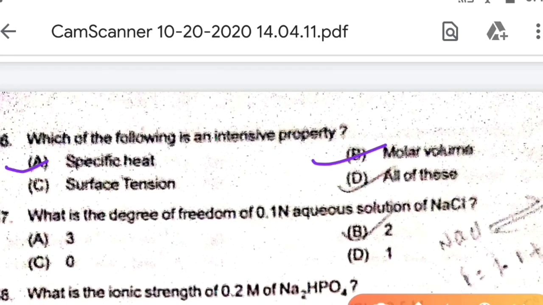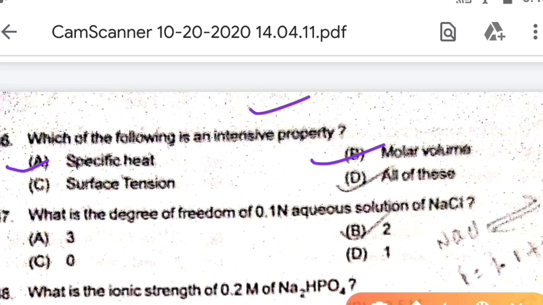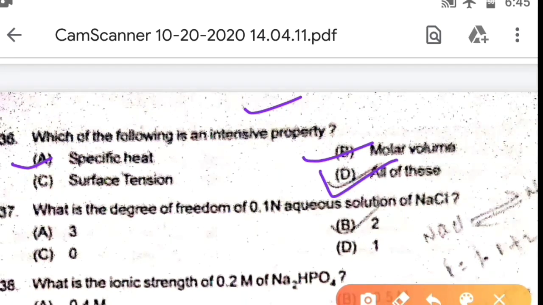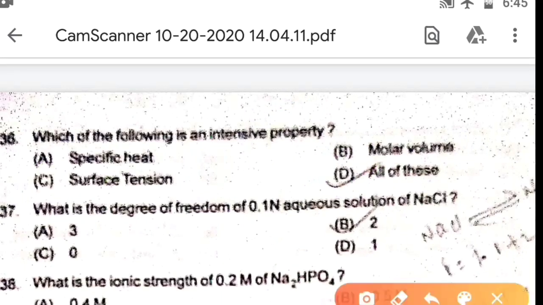Molar volume is also an intensive property. All molar properties are usually intensive in nature, and surface tension is also an intensive property. So all of these are intensive properties, and the correct answer for 36 is D.